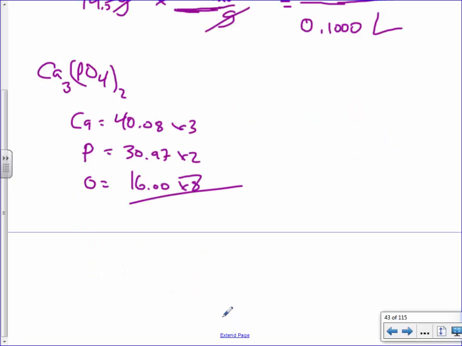Alright, so grab a calculator and find a molar mass. 40.08 times 3 plus 30.97 times 2 plus 16.00 times 8. 310.18.